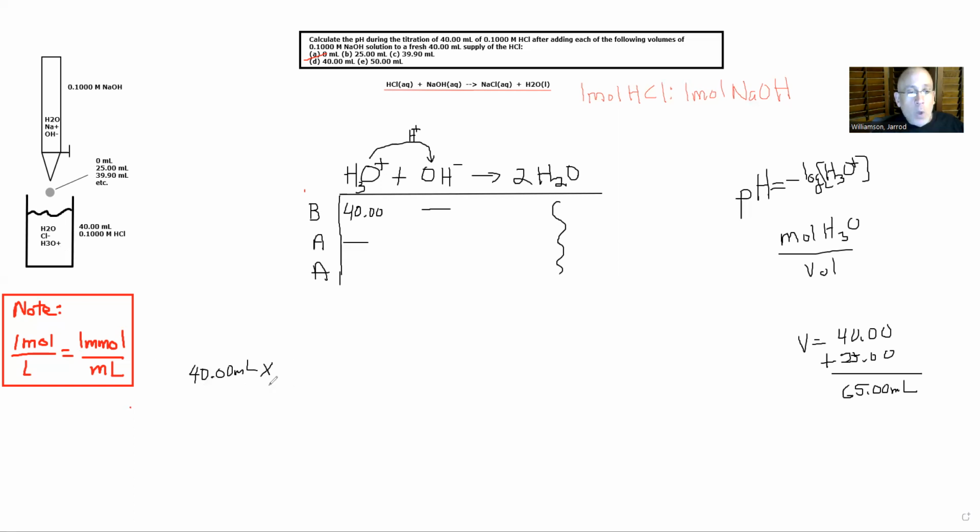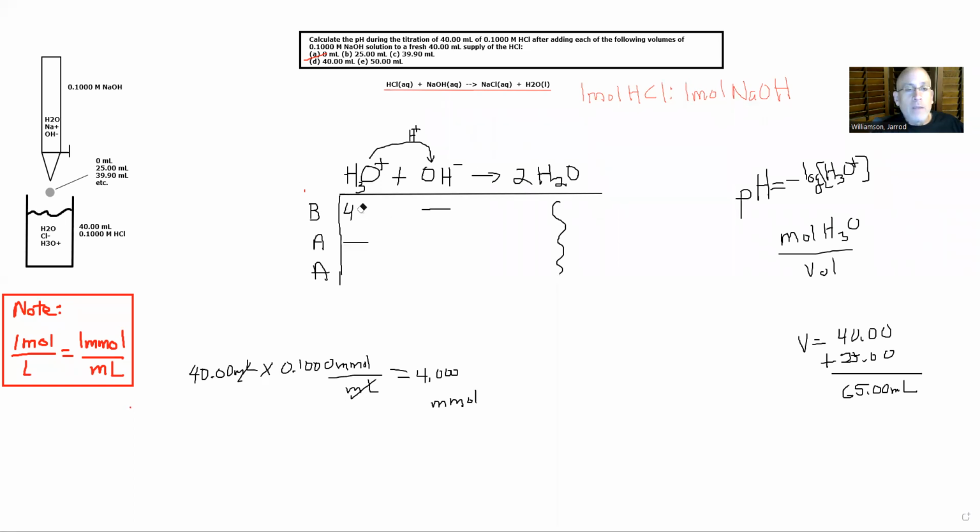And 0.1 molar hydronium means 0.1 millimoles per milliliter. That cancels with that, and I end up with 4 millimoles of hydronium ion.